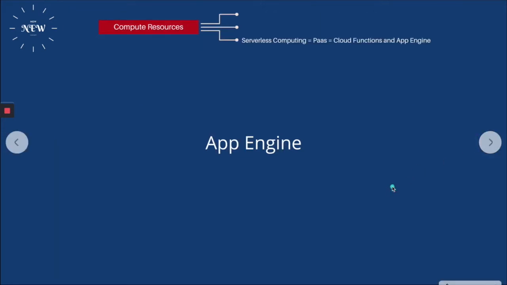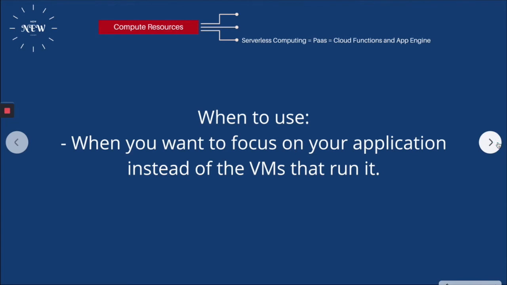Next, we'll have a look at serverless computing, which is platform as a service. This divides into Cloud Functions and App Engine. App Engine further divides into standard and flexible. We'll also look at that in the next couple of minutes. When should we use App Engine?